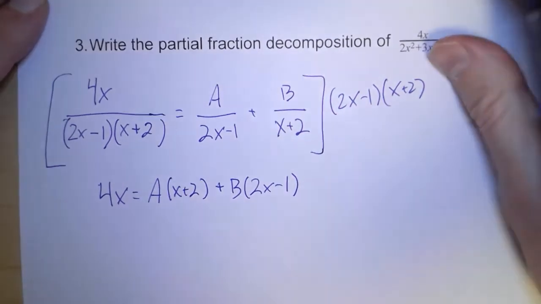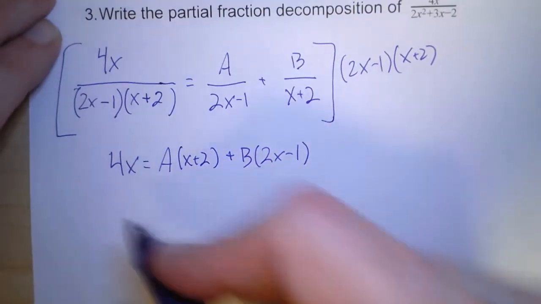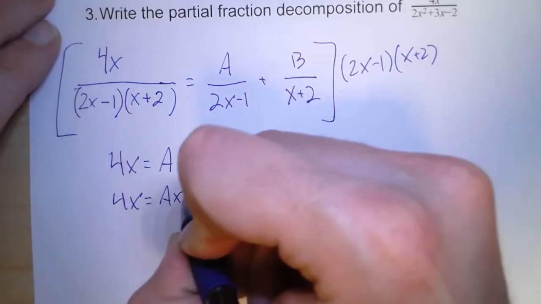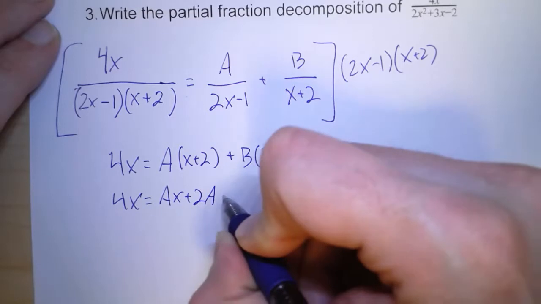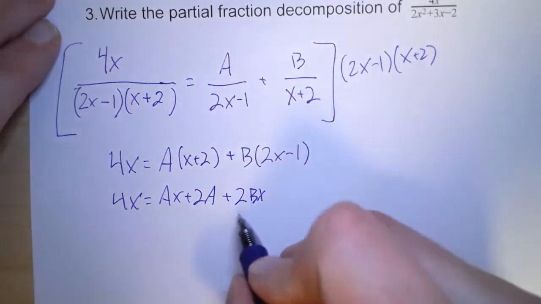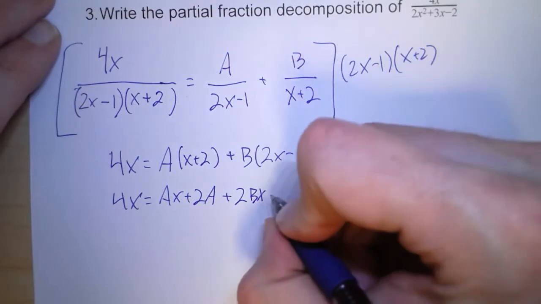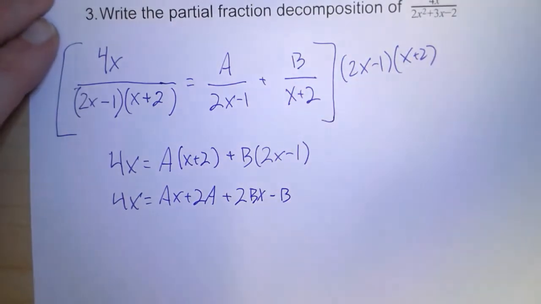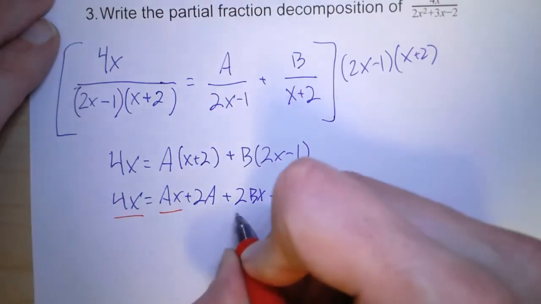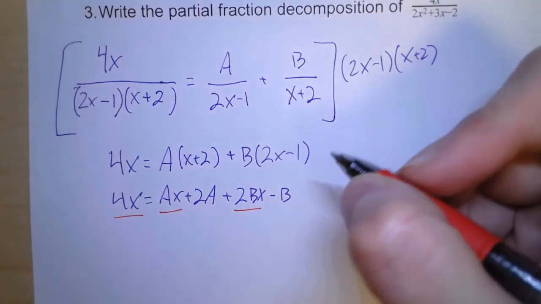All right. So now we expand this out. So 4x equals ax plus 2a plus 2bx. Don't forget that's 2b in front of the x, minus b. So when we split this up, we have 4x, we have ax, and we have 2bx.